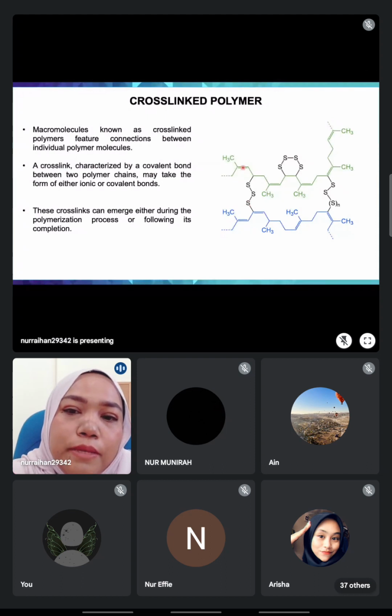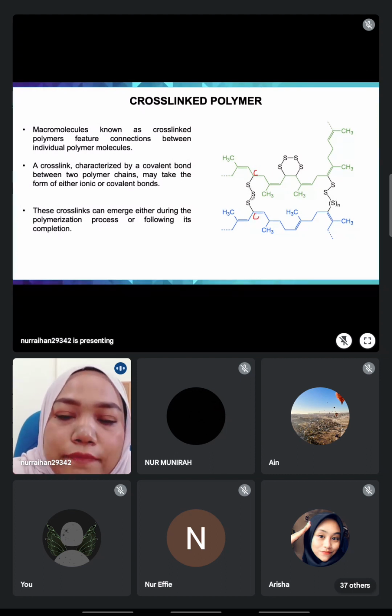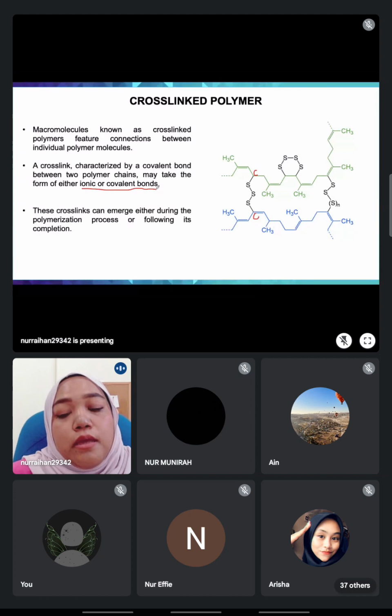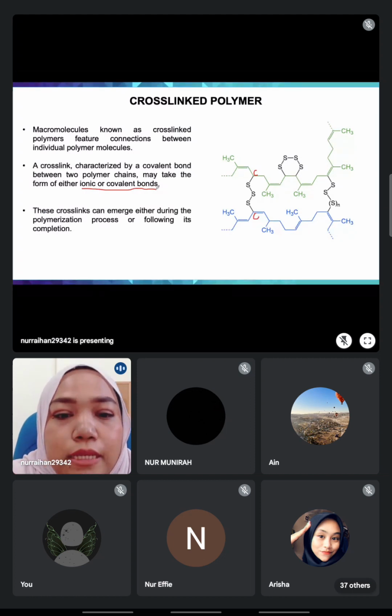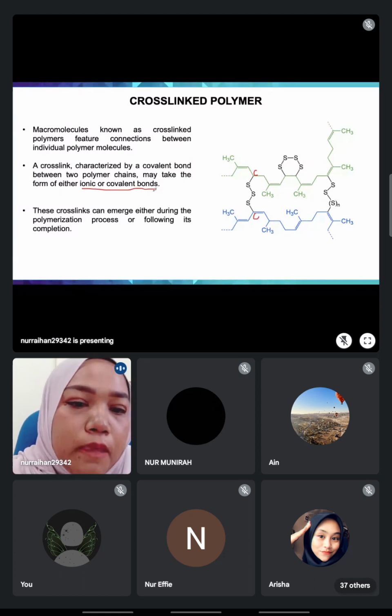So they link between this rubber chain, they link at the carbon. Labelkan. So they link at this carbon and they link at this carbon. So this sulfur, when they link between this carbon, these two chains, they form the covalent bonding, ionic or covalent bonding. And ionic and covalent bonding, they are considered as a primary bonding, which means that you cannot break the bond.